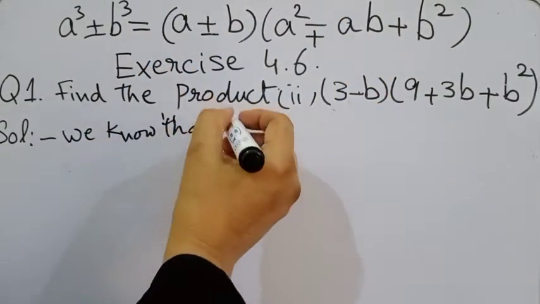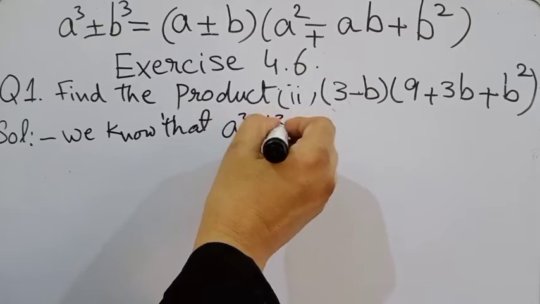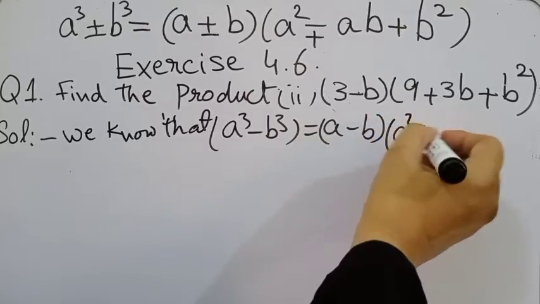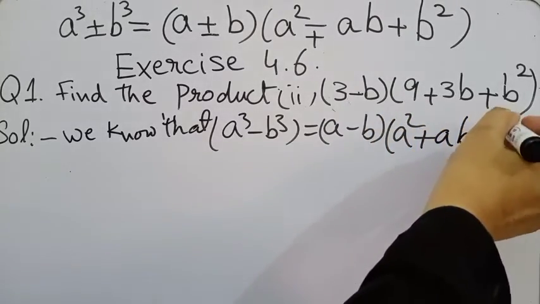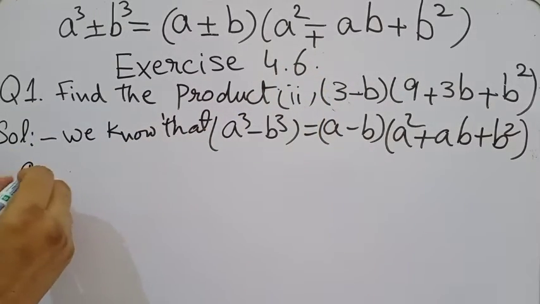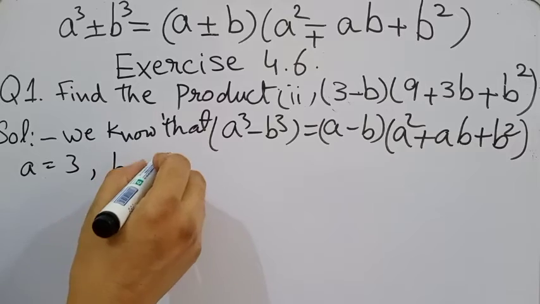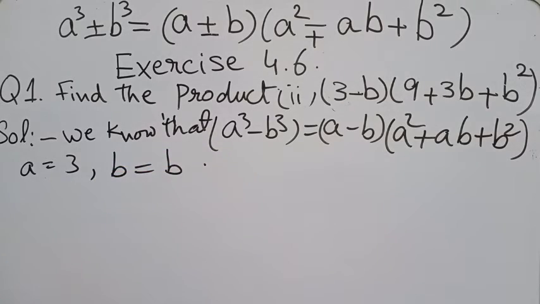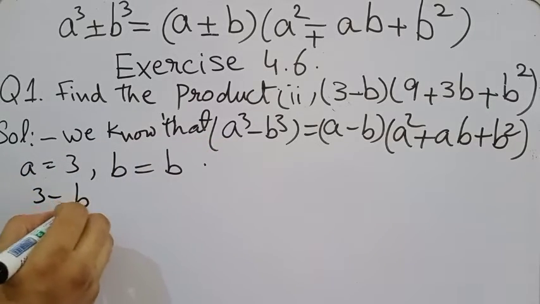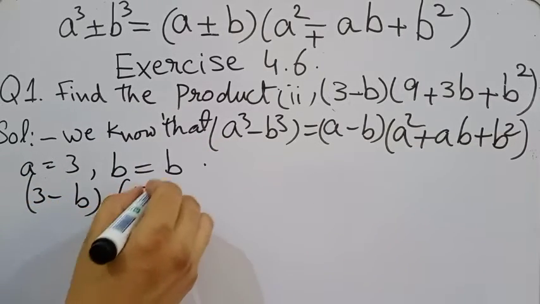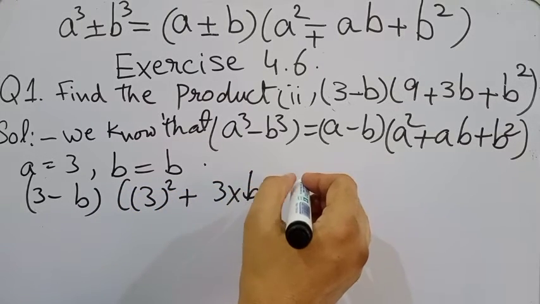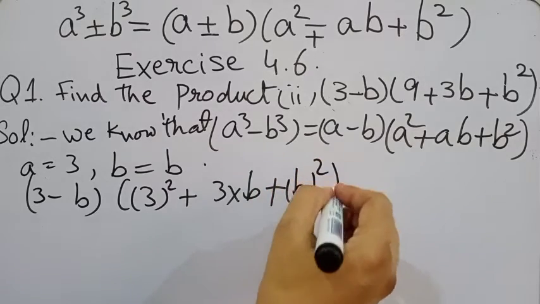For example, we write here a cube minus b cube. This is equal to a minus b and a square plus ab plus b square. In our case, we have a is equal to 3 and b is equal to b. So we write here in this formula 3 minus b, 3 square plus 3 into b plus b square.